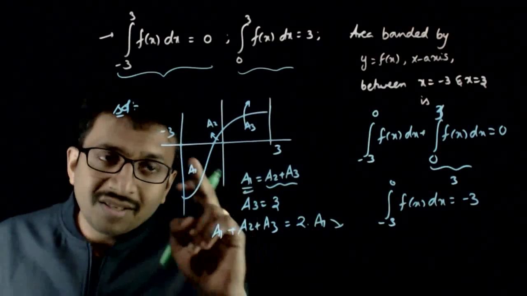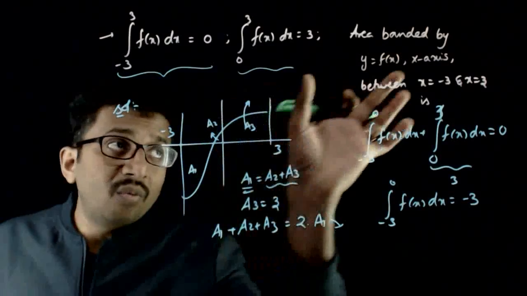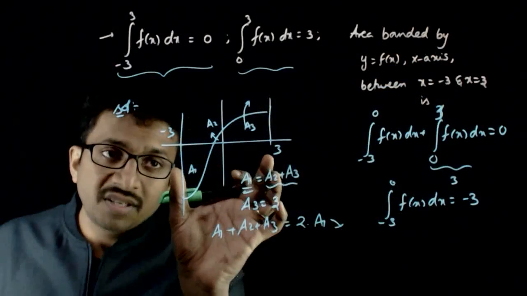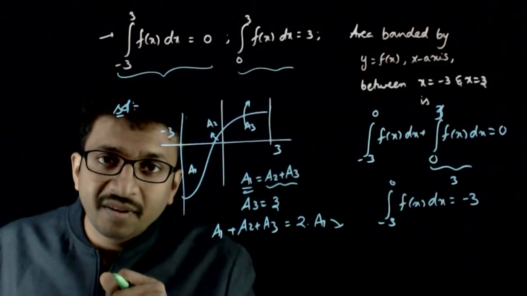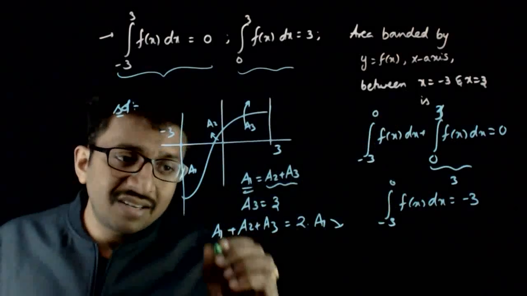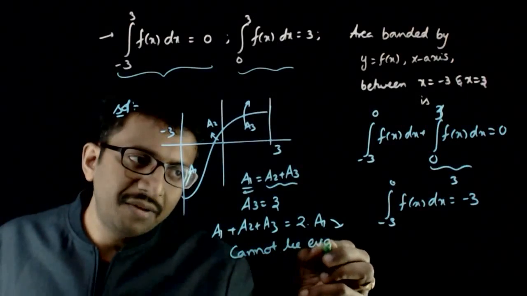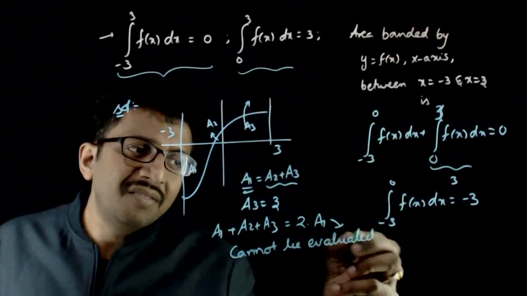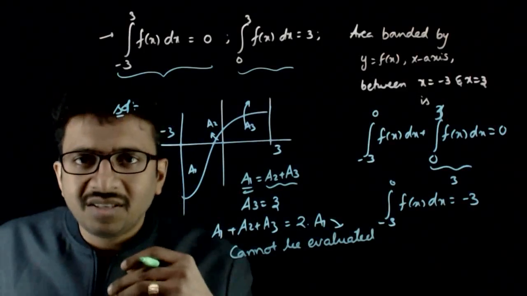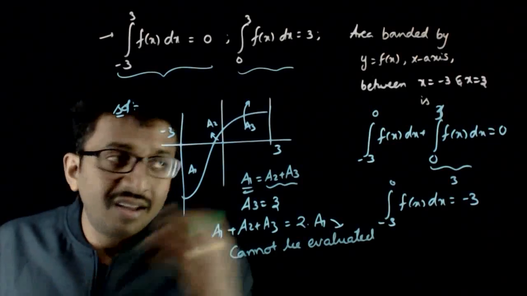So unless you know what A1 is, you cannot determine the area bounded by y is equal to f of x between -3 and +3. So the answer should be that the asked area cannot be evaluated using the given information. If more information is given, we might be able to get this area.